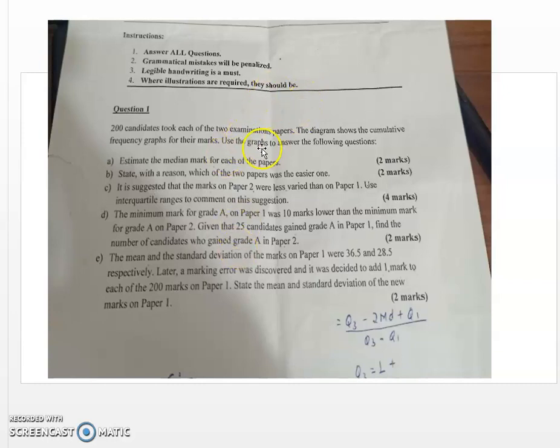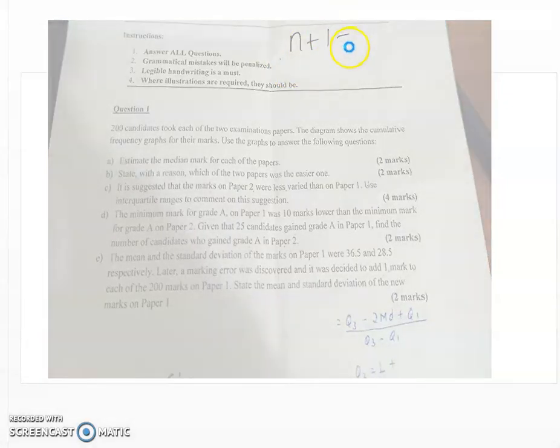Usually, for us to calculate the median, we use the formula n plus 1 divided by 2. So the formula for median is given by n plus 1 divided by 2.